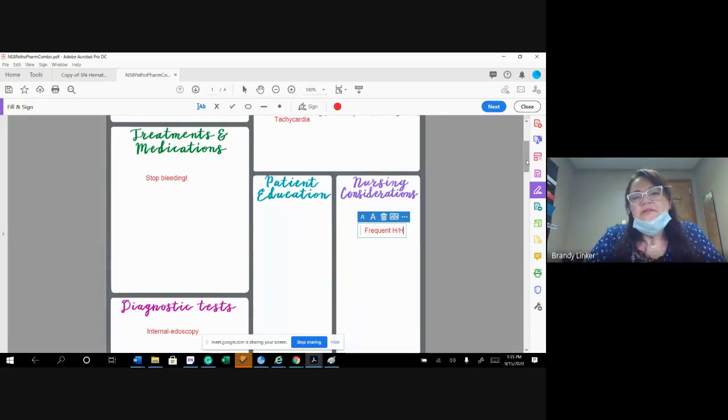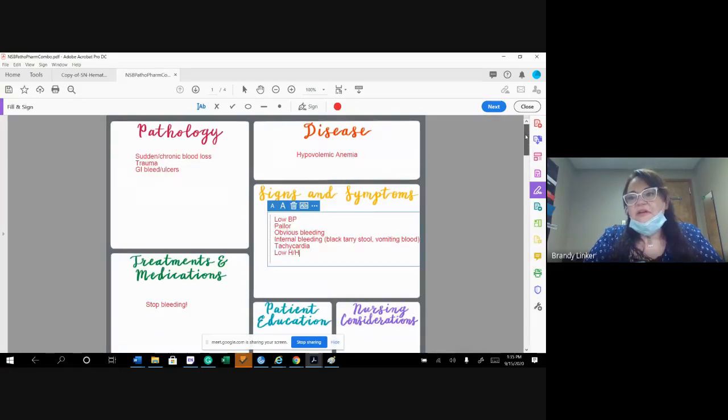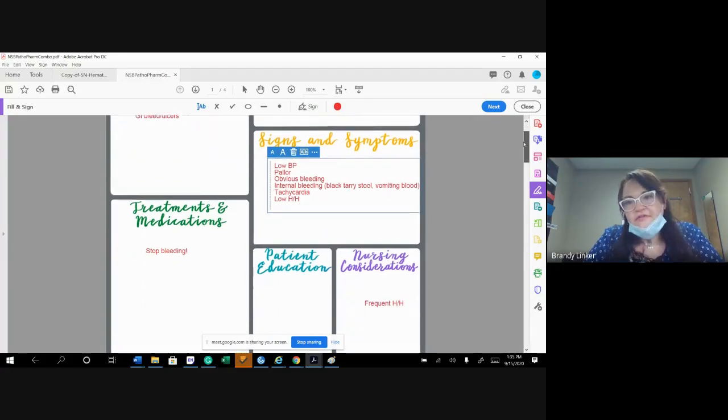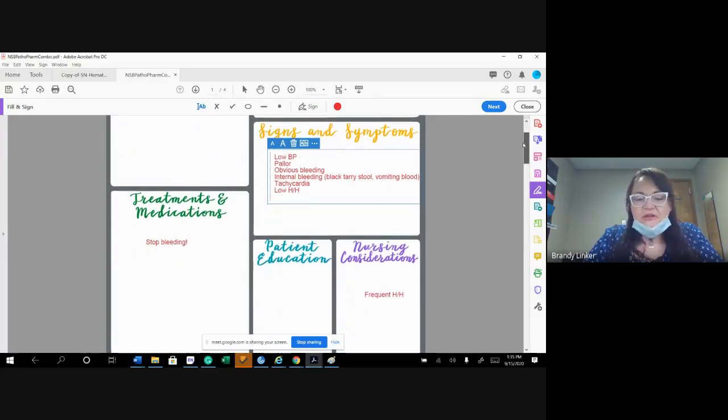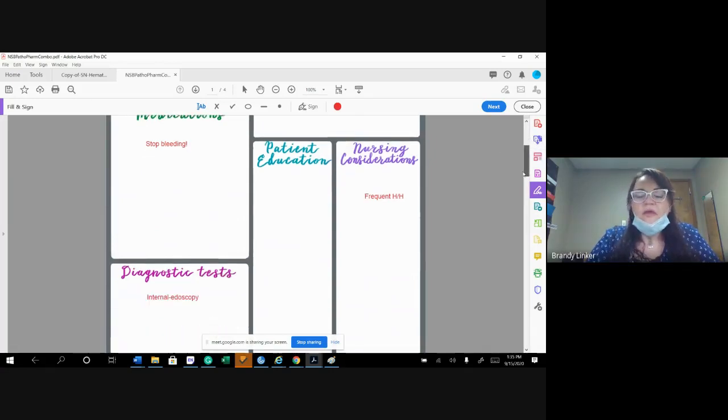Somebody that has this type of anemia, they're going to have a very low hemoglobin and hematocrit. Now, their cell morphology is going to be the same, right? It's going to be a normal MCV. It's going to be normal color, okay? Nothing's wrong with the cells. The problem is that we're losing blood. And so the H&H will be low, but normal morphology. That's a fancy way of saying the blood cell will look normal, okay?